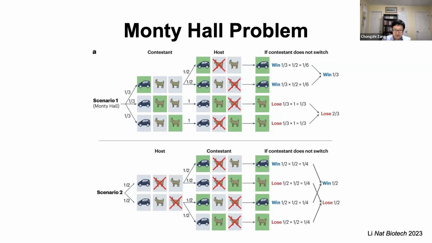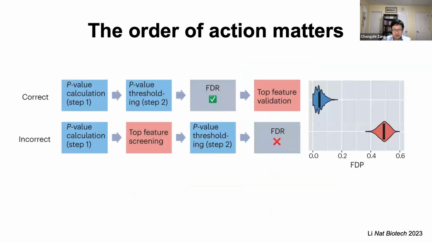So you can read through that interesting paper from Nature Biotechnology. But the idea is that when we do statistical analysis, the order of actions matters, right? This is using real genomics data as an example.